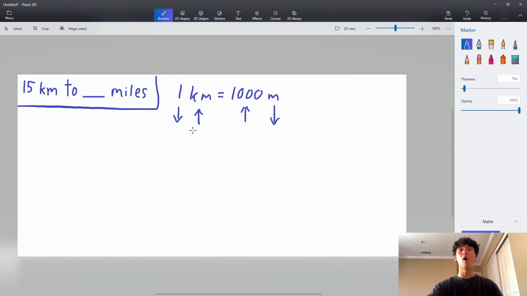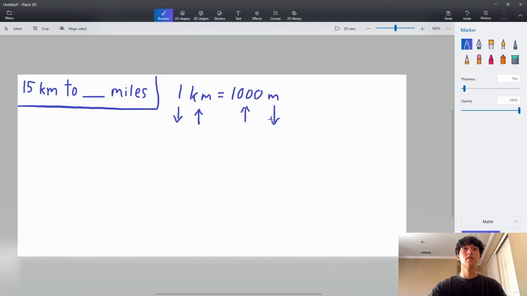You'll always see this in conversions: they need to balance out. The value is going to be less on one side and greater on the other side, where the measurement we're using is greater on the opposite side and lower on the corresponding side.